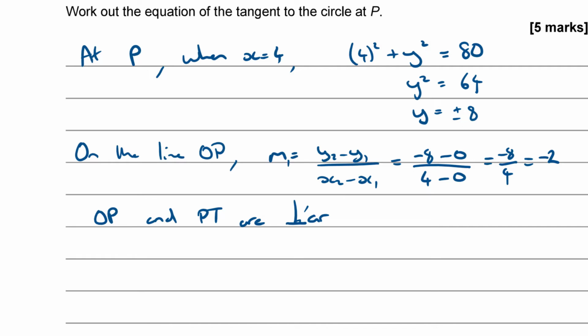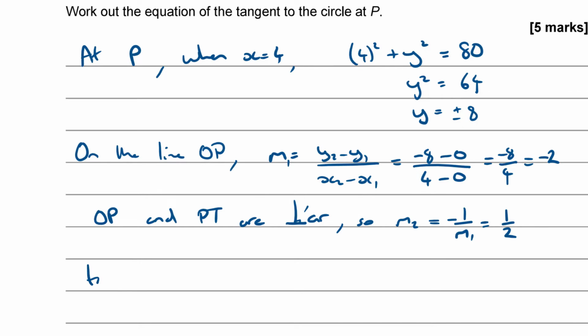So OP and PT are perpendicular. So m2, the gradient of our line PT, is going to be minus 1 over m1, which is the negative reciprocal of negative 2, which is positive a half. So that tells me that the gradient of my tangent is going to be a half.